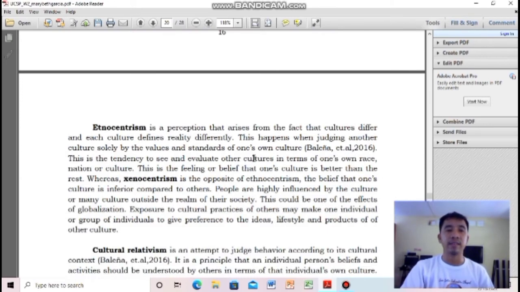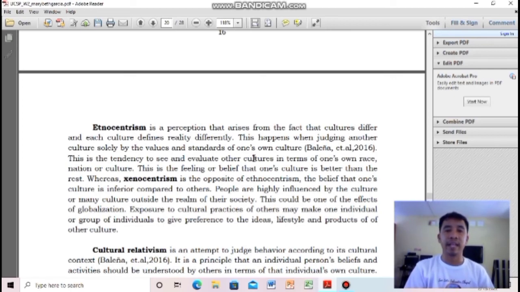ethnocentrism. Na maganda ang ethnocentrism, it is a perception that arises from the fact that cultures differ and each culture defines reality differently. So, ang panawan nga ang kada kultura is nagakalain-lain. No? The same man, lain-lain man, lantawon sa kada kultura kung ano ang kamatuuran, kung ano ang palibot. No?